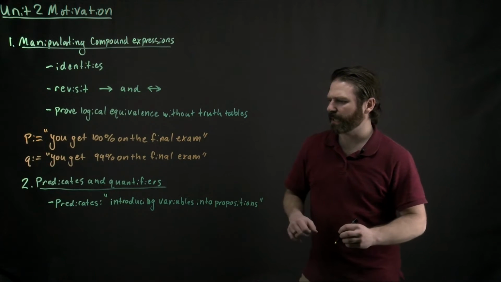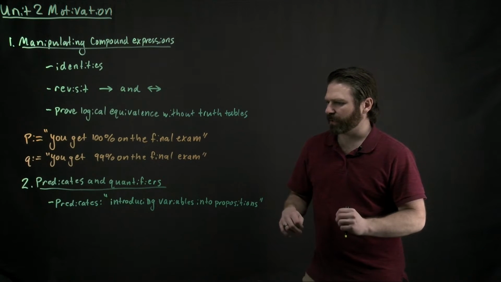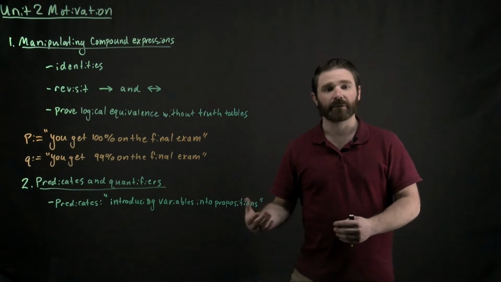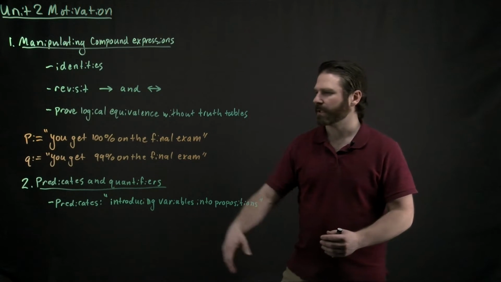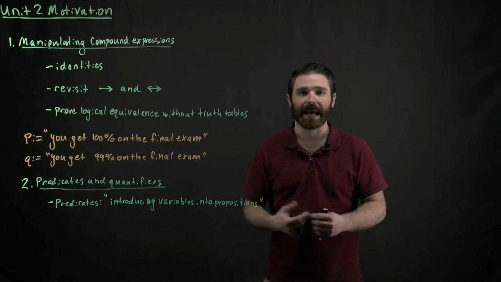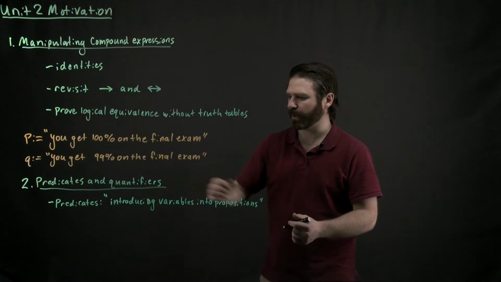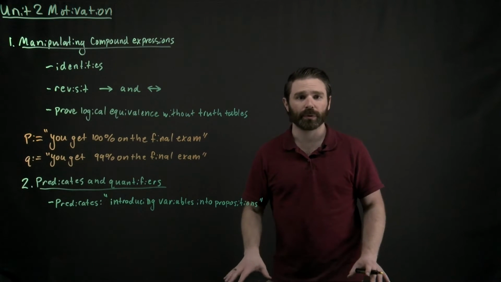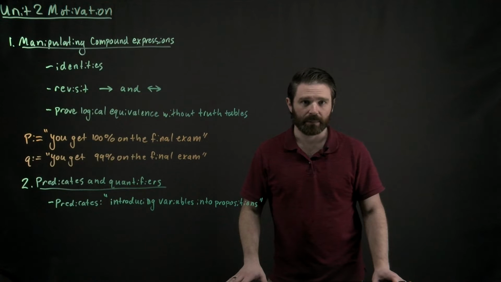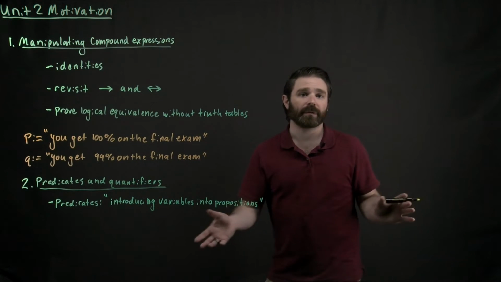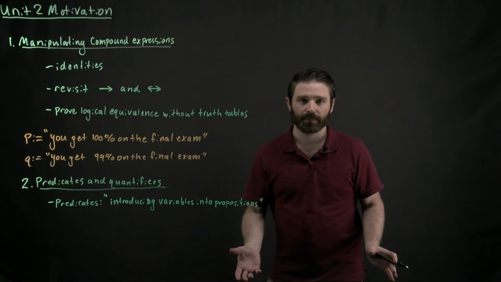This is not an official definition; it's just a way to think about it: a predicate is a way to introduce a variable into a proposition, so replacing this 100% with an x or something like that. The motivation for why we'd want to look at predicates is that you would want to prove some statement about your algorithm for, let's say, every single one of its acceptable inputs.